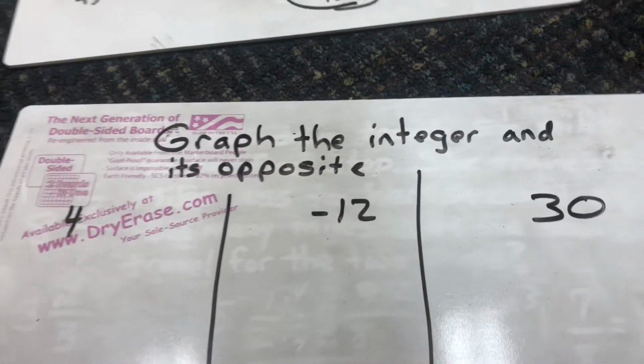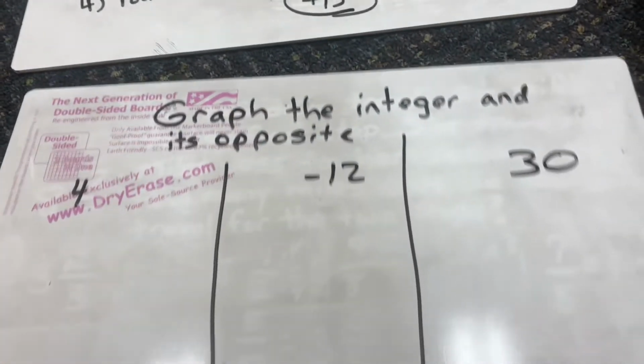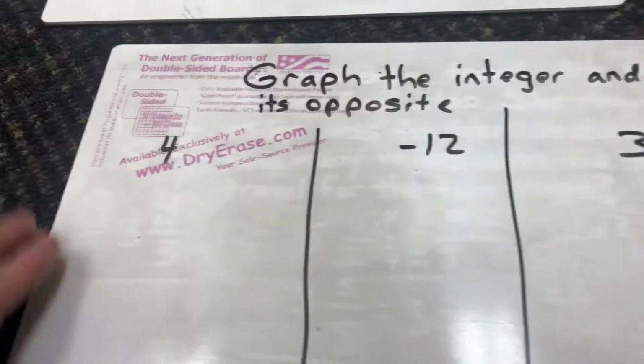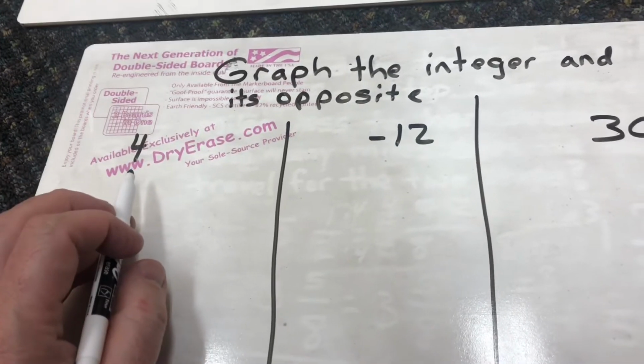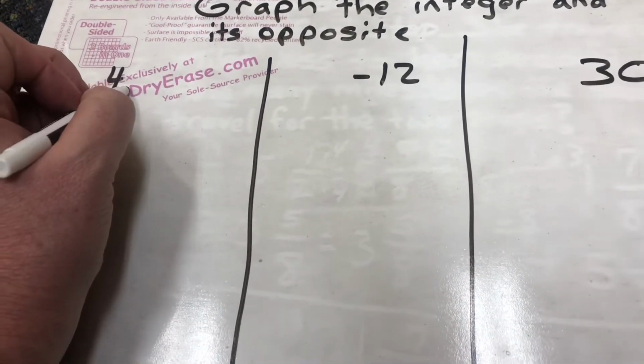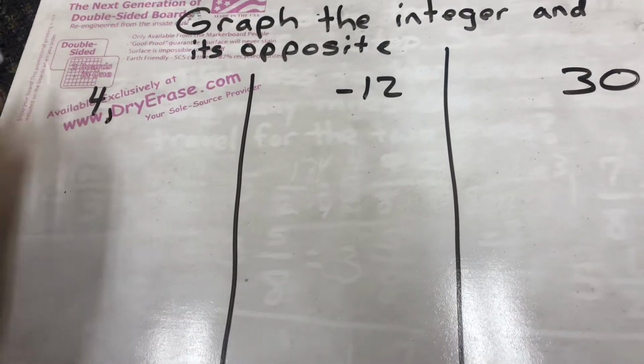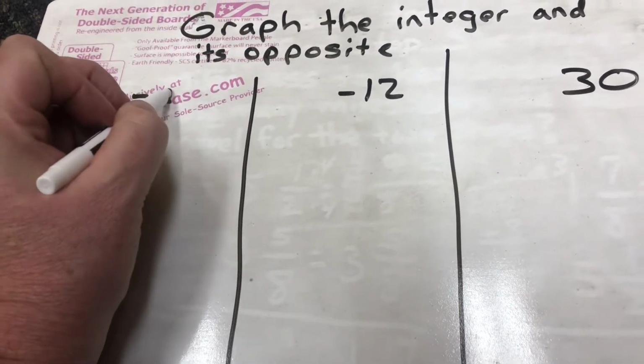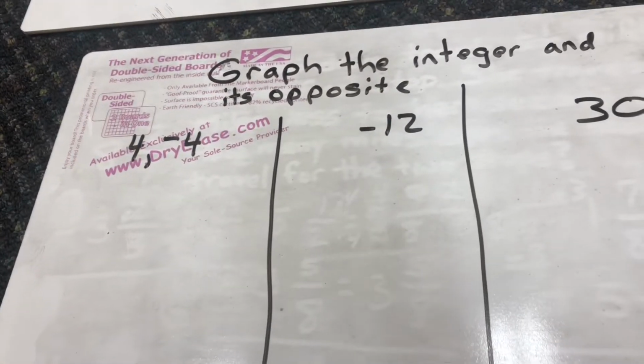Now, the other part of what you're doing today, you're going to graph the integer and its opposite. The first integer is +4. The opposite of +4 is just its negative opposite, so the opposite would be -4.